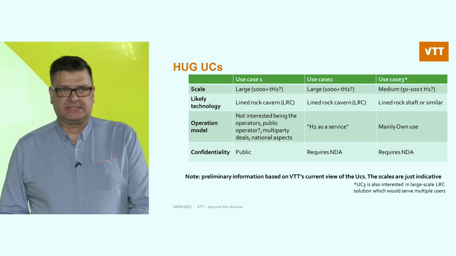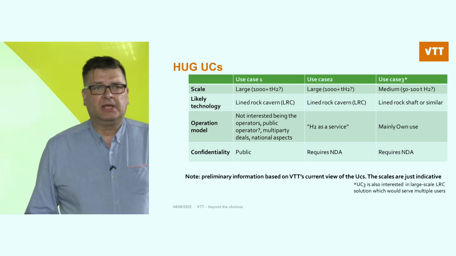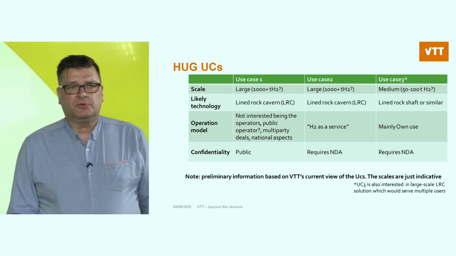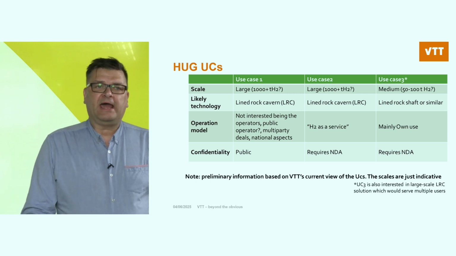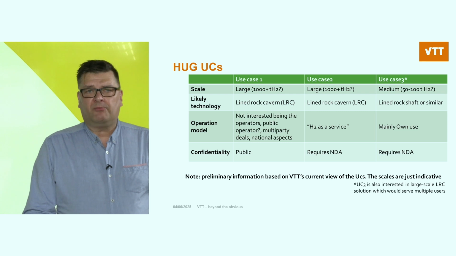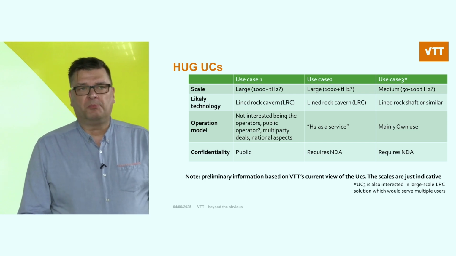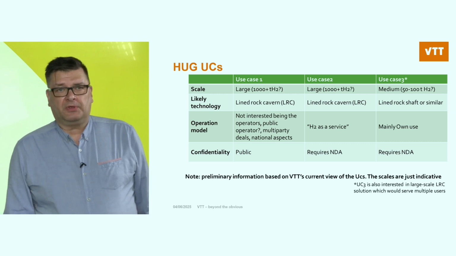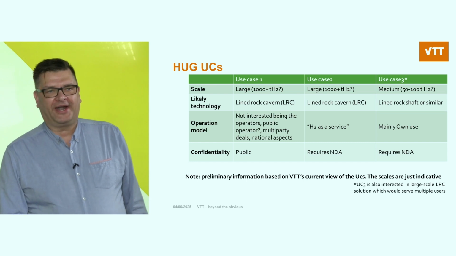Mainly differences are in the likely technology decisions, and two of the use cases are covering so-called lined rock cavern solution, and one of the use cases is a lined rock shaft or similar, the smaller kind of solution compared to the original industrial scale target.